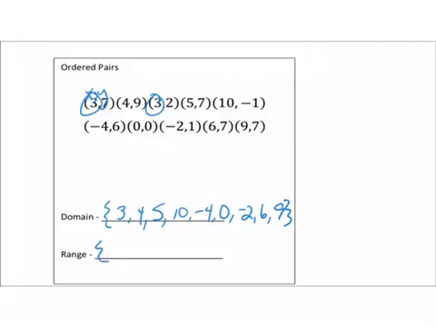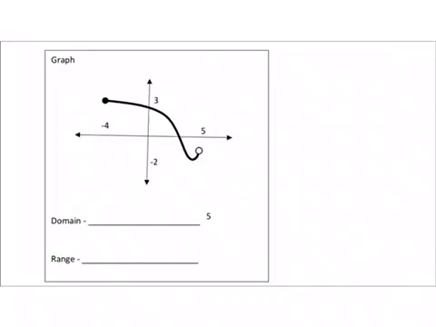The range, 7, 9, 2, -1, 6, 0, 1, and 7, the last two, which we don't need, so we'll just leave it at that. So we have our domain and our range. We're just listing out the x and y values.